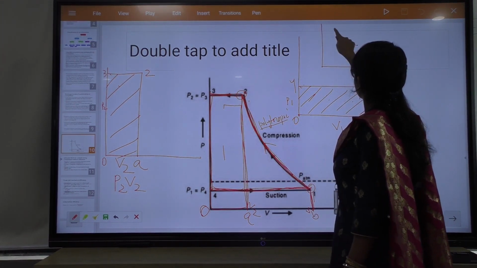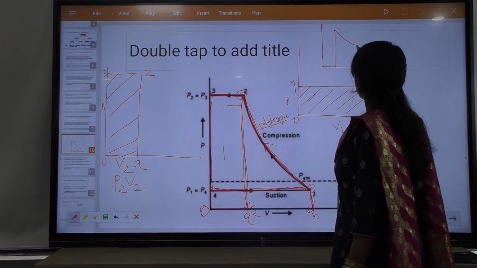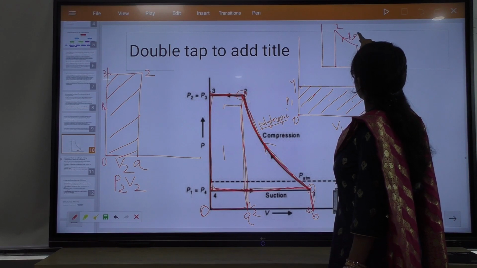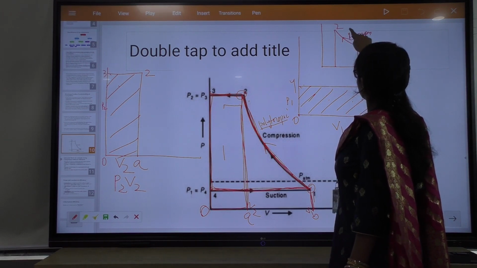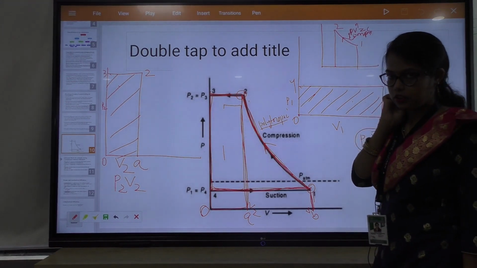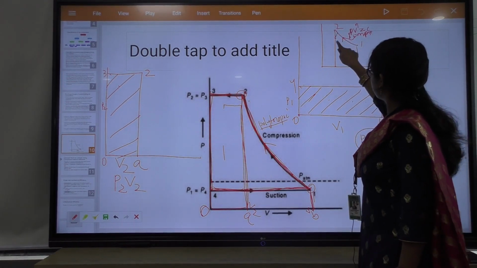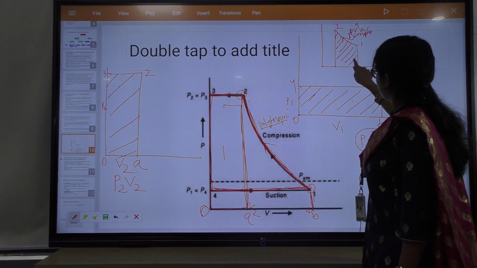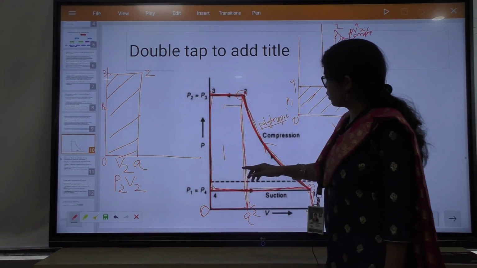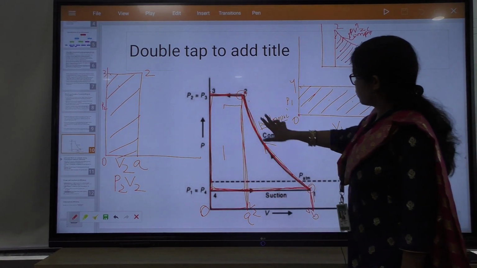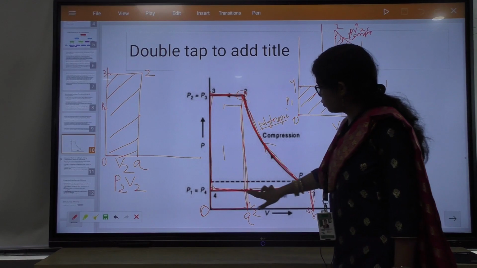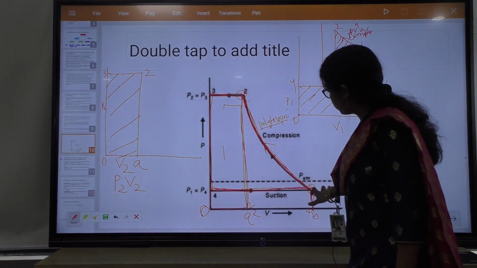Like this. This is 1 to 2, this is the compression process. Suppose Pb to the power n is equal to constant. Okay, polytropic process, Pb to the power n is equal to constant. This is the work. Clear? When we need to find out this amount of work, we have to first add this work to this work, and after that we have to subtract this amount of work.